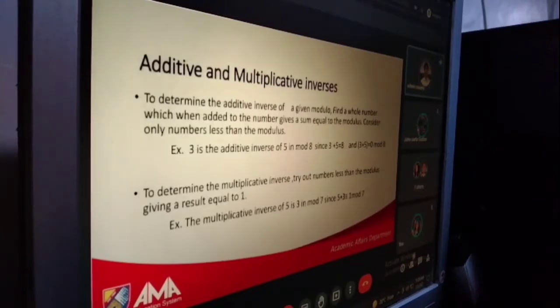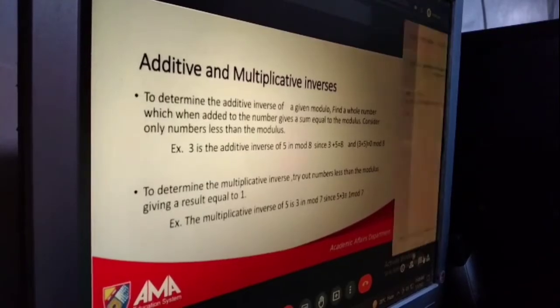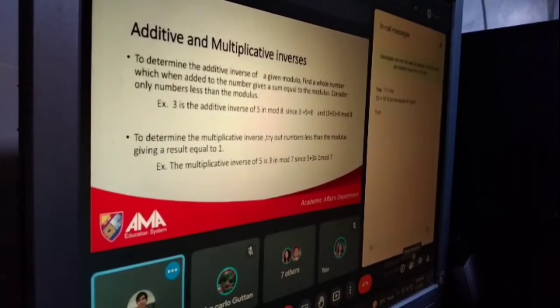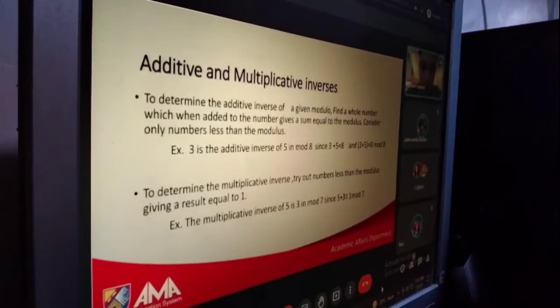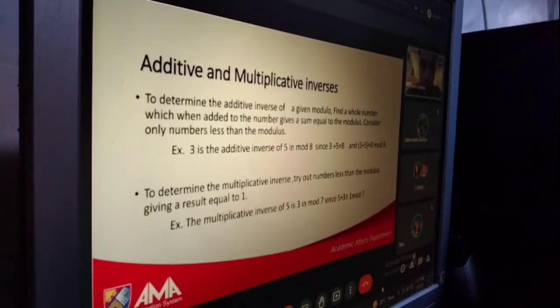Where did we get the 0? Any idea? Because there is no remainder, right? 3 plus 5, divided by 8 with our modulus, the answer is 0.